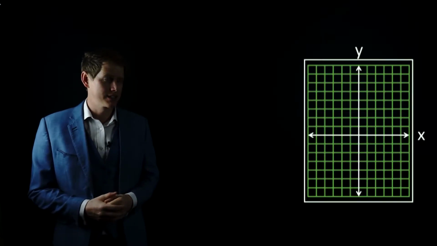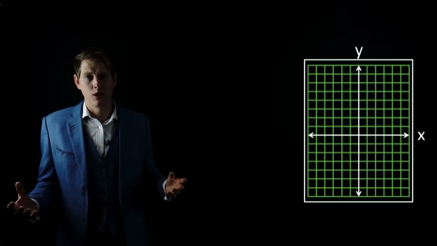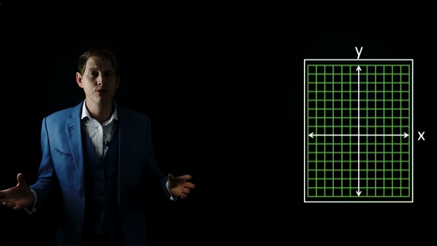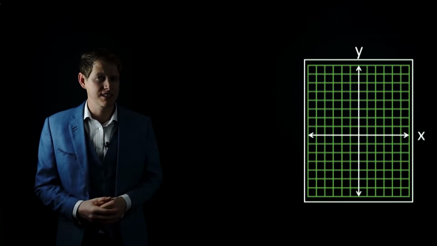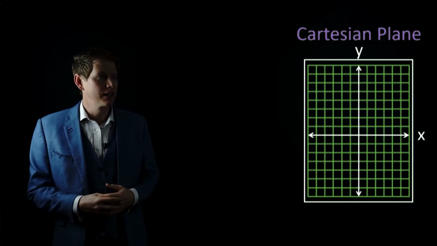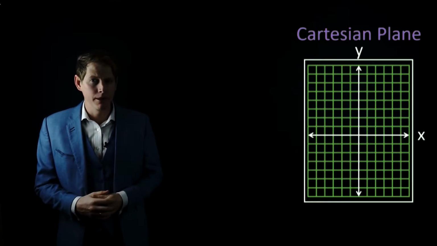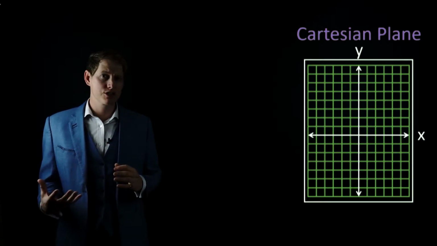Okay, let's get started by talking about some of the jargon, some of the words that we use when talking about this area of maths. Now, I'm sure many of you will recognize this. It's just an x and a y axis. The word that we use to describe an x and a y axis like this is a Cartesian plane. Now, it's important that you remember which is the x-axis and which is the y-axis.